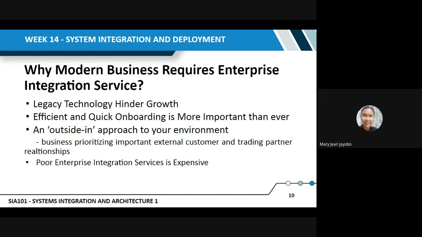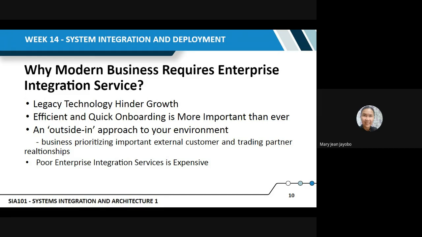Yan. Okay. So, there are companies that still continue to use legacy and outdated technologies, no? So, therefore, it results to hindering growth of their business because they simply cannot deliver the agility, okay, and speed that today's pace of business requires. So, kasi ginagamit pa rin nila yung dating technology, mga outdated technologies, at saka yung previous na mga data nila or information.